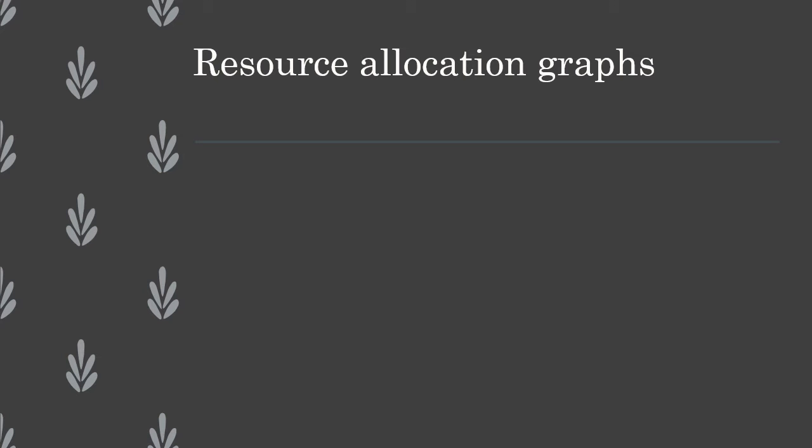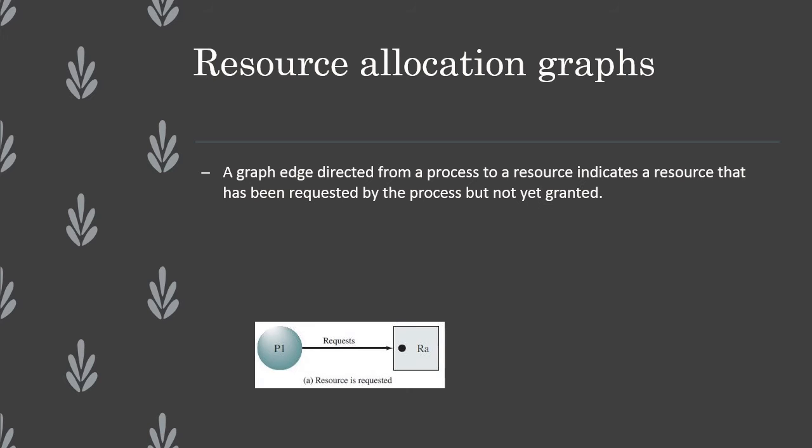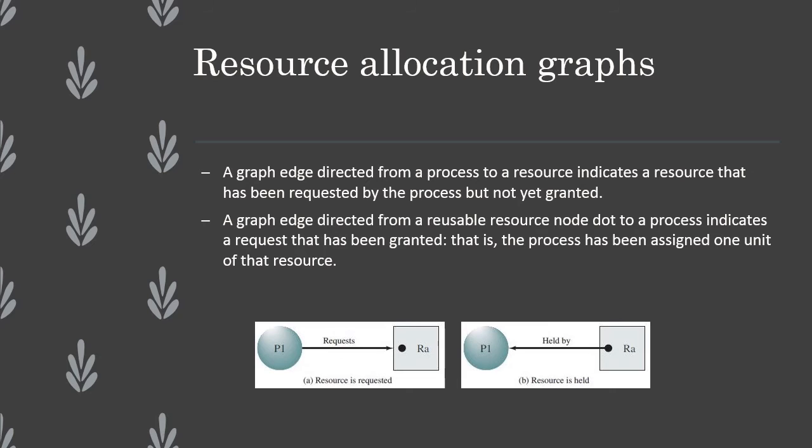Continuing with resource allocation graphs, a graph edge directed from a process to a resource indicates a resource that has been requested by the process but not yet granted. A graph edge directed from a reusable resource node dot to a process indicates a request that has been granted.